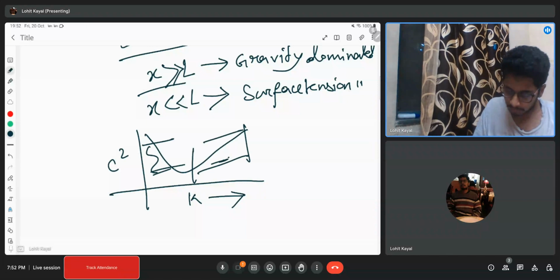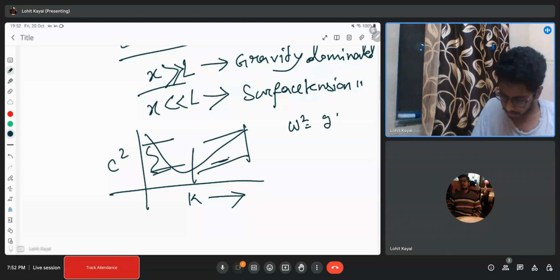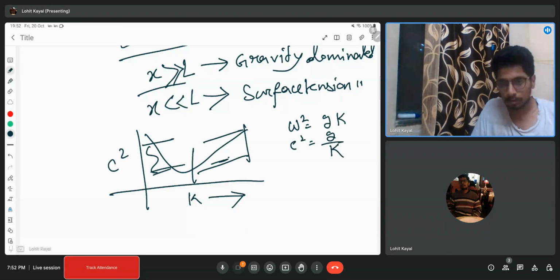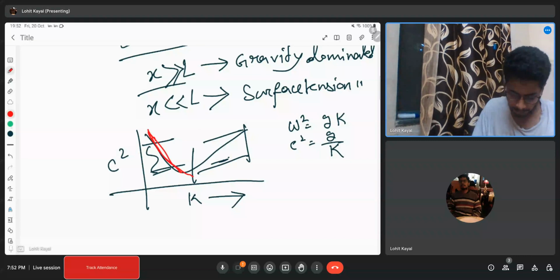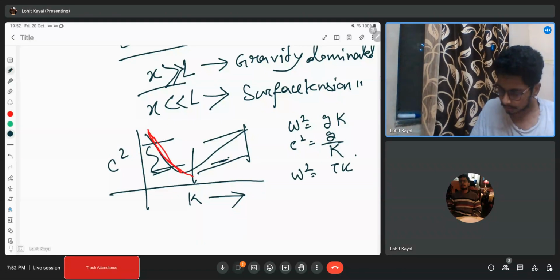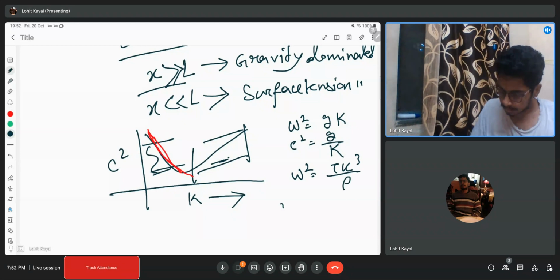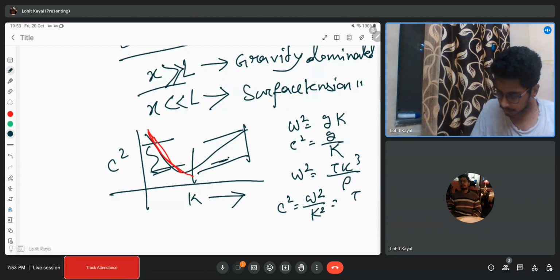Now, why do we get this kind of curve? See that omega squared is equal to gk, and c squared is equal to g by k for pure gravity waves. That means the curve is hyperbolic. For the pure capillary case, omega squared equals Tk cubed by rho, so c squared is equal to omega squared by k squared, which is equal to Tk by rho.